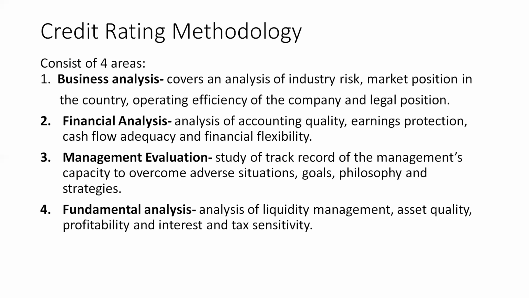These areas are called business analysis, financial analysis, management evaluation, and fundamental analysis. By analyzing all these, the sum total of qualitative and quantitative information gathered is processed properly, and a rating of the particular issuing company is made.